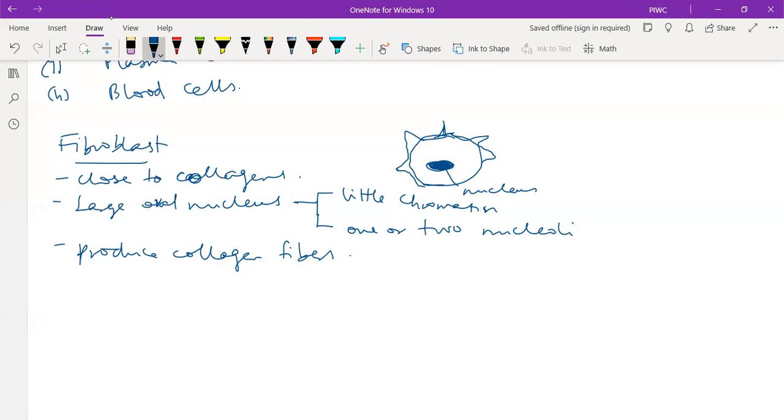So fibroblasts play an important role in the healing of surgical incisions and other wounds, very important in wound healing. So if somebody gets a wound, what happens is that there's a surgical incision, right?